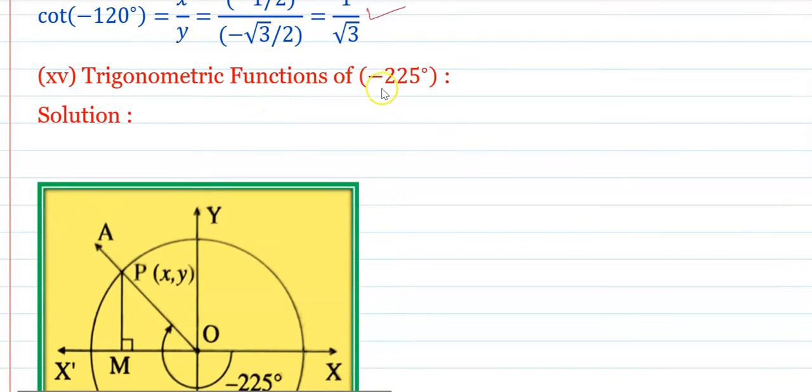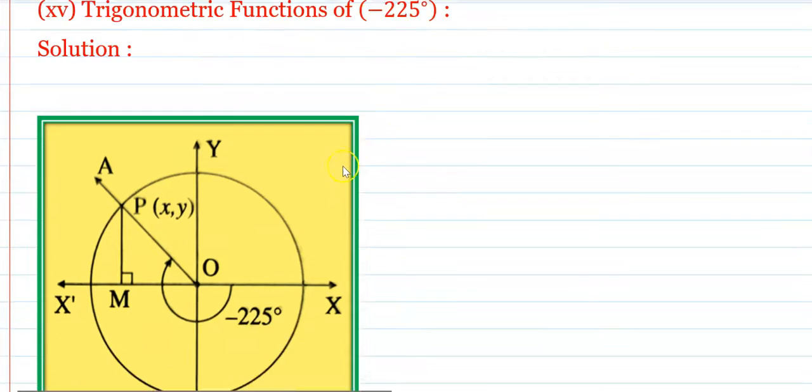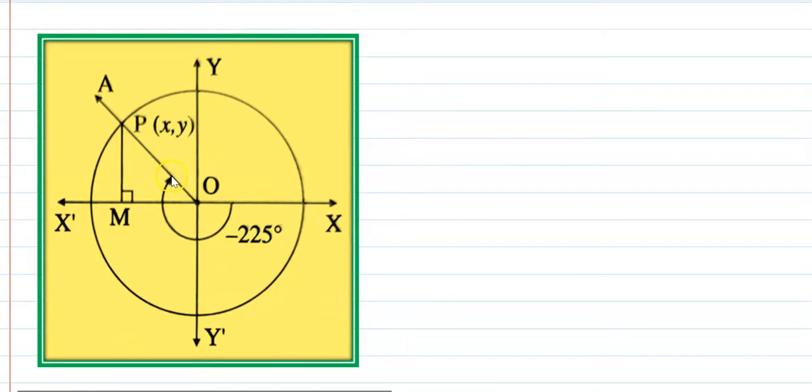Next, trigonometric functions of minus 225. At the angle minus 225, the measure of this angle is 45 degrees, and this is also 45 degrees. This is a right angle isosceles triangle, and OM is equal to 1 upon root 2, and PM is also 1 upon root 2.